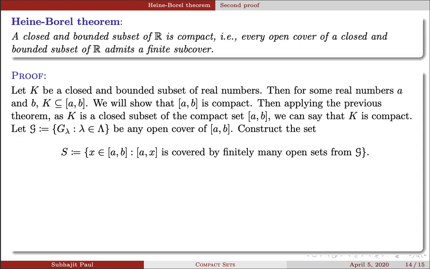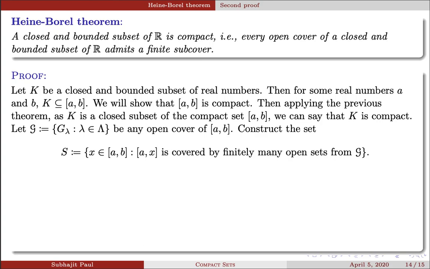S contains all those points from [A, B] so that the closed interval from A to X is covered by finitely many open sets from G. So we are starting from A and we are looking at how far we can go along the closed interval [A, B] so that we are still under finitely many open sets from G. Clear?